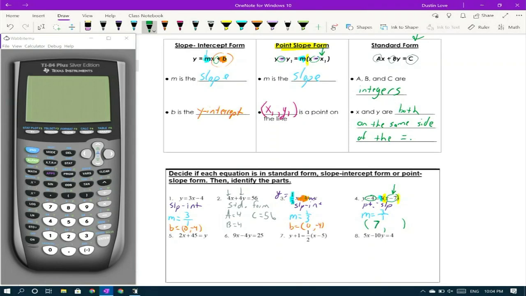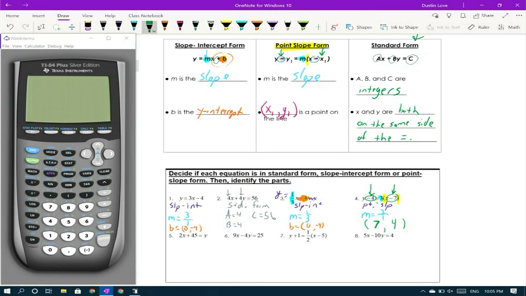So that is 7, and I change the sign to make it +7. Over here, this -4, if you look up at the top, is in the y1 position. And so I'm going to put it in the y1, or the y position, and change the sign, and it is +4. There is a very good reason why we're changing the sign. That's something I can explain to y'all later on. But for now, I need you to just take it on faith. You're going to change the signs whenever you have x1, y1 in point slope form.